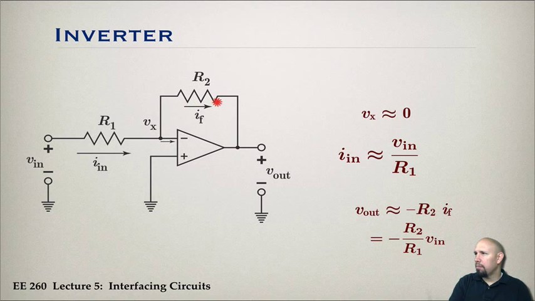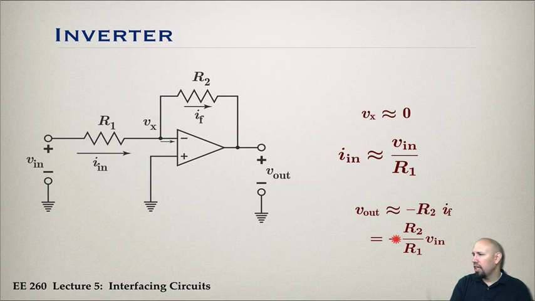That would be from plus to minus, which means the minus is over here, which means this voltage is minus Vout. And so Vout is given by this. IF is approximately IN, and so we have this relationship. Vout is negative times a constant times Vin. These two are positive values, and so Vout is some negative constant times Vin.